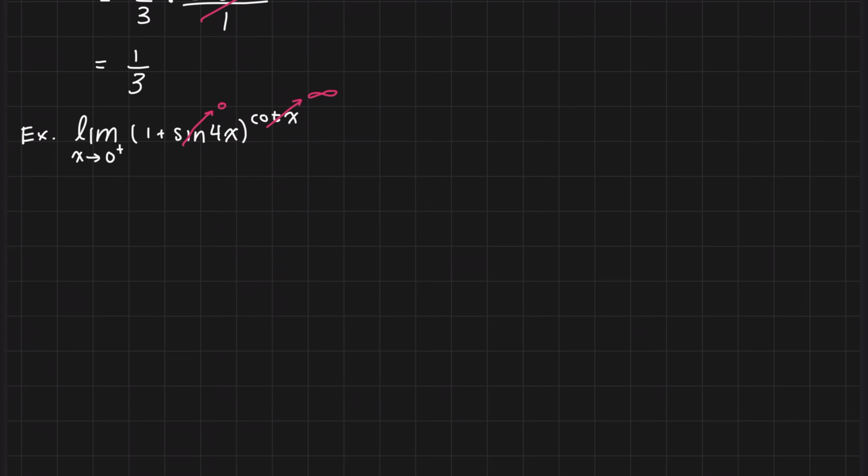If you have a problem with these simple limits, I encourage you to look at Desmos and just put them in the graph, because visualizing it is way easier than remembering what these simple trigonometric functions approach. Now with that said, we get 1 in the bracket and then infinity as the exponent. So that means that we have 1 to the power of infinity. Now that is an indeterminate form.